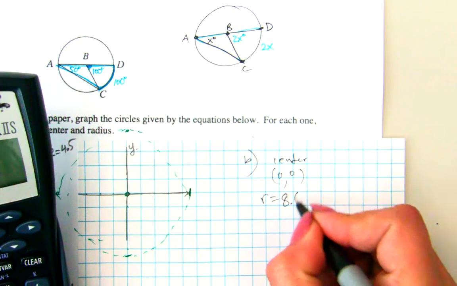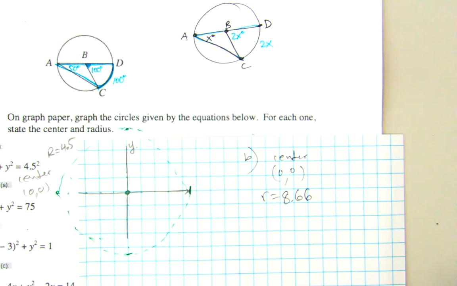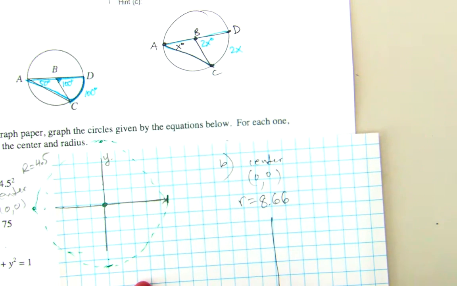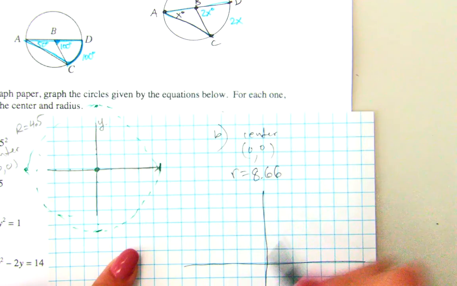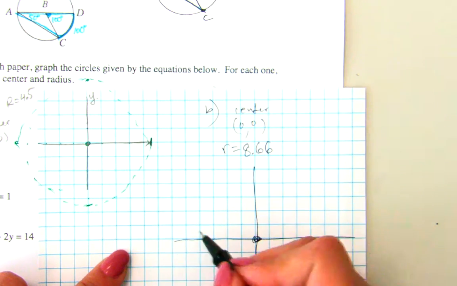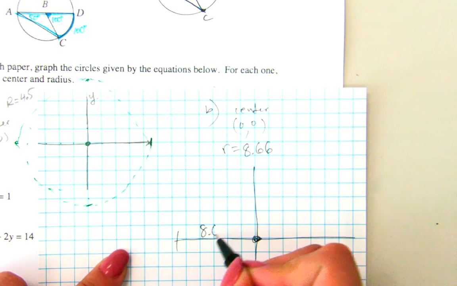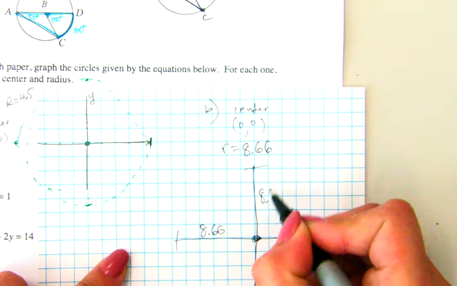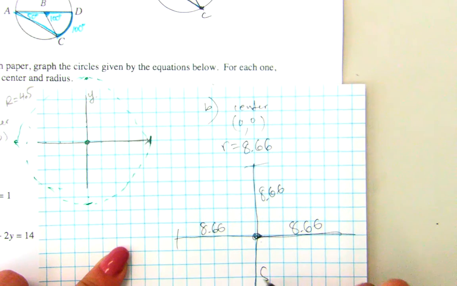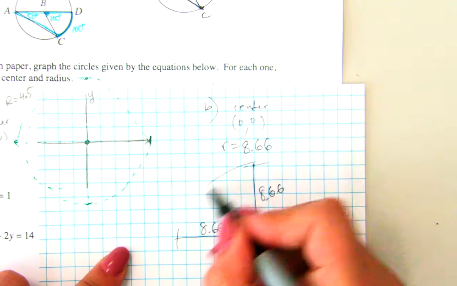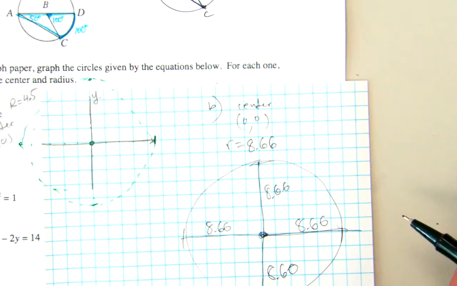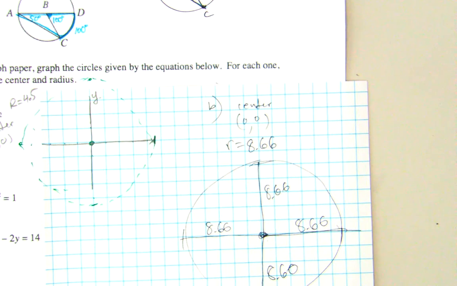Okay, so radius is 8.66. Center is at 0, 0. 8.66 up, 8.66 out. Okay, that's not to scale. I'm just getting really lazy right now. 8.66 down, and then eventually just make your circle go around, and you're done. So that was B and A.